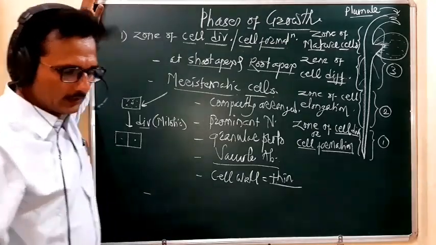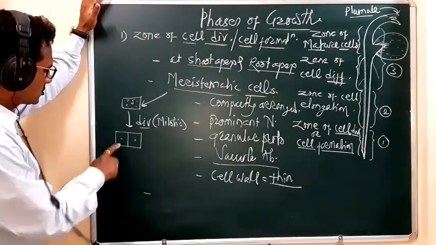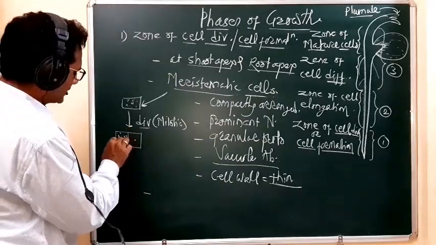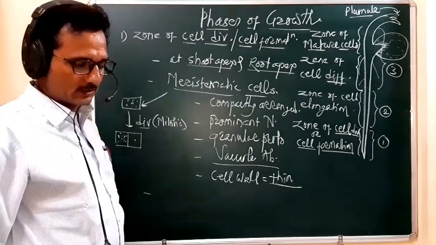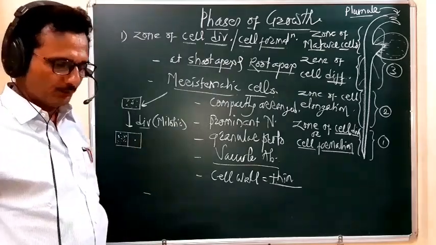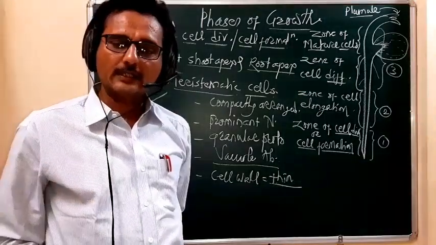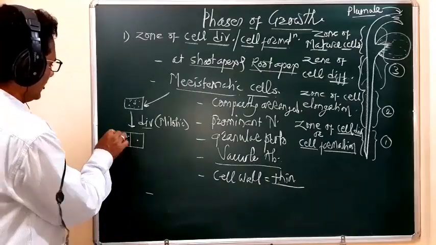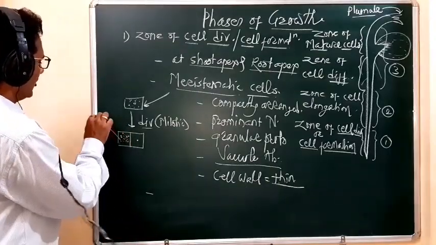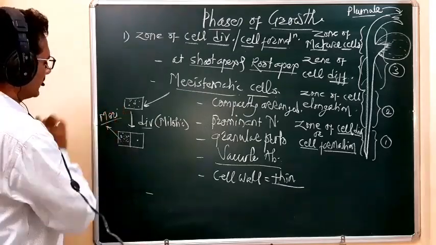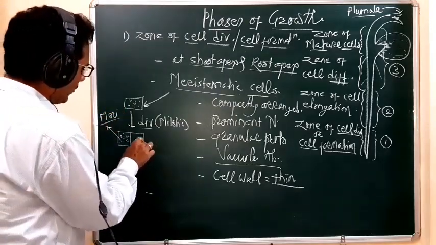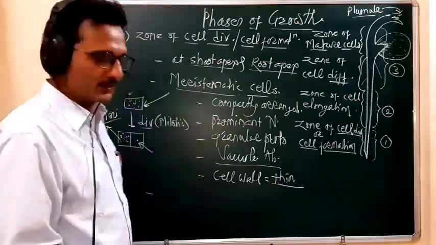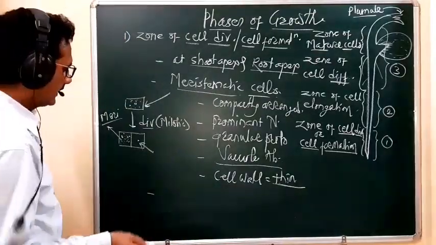So remember, students, what happens from these two cells? One cell remains meristematic, and the other cell undergoes elongation and differentiation. This one cell again remains meristematic, and the other formed cell undergoes elongation and differentiation.